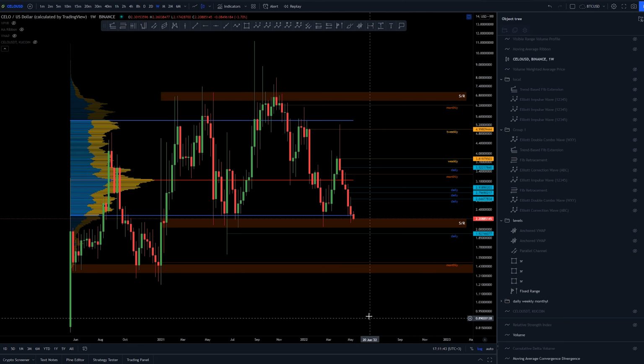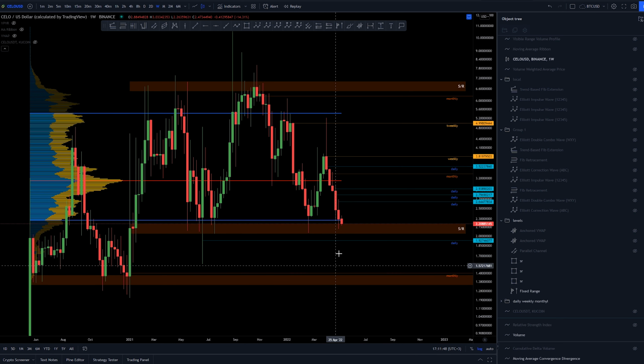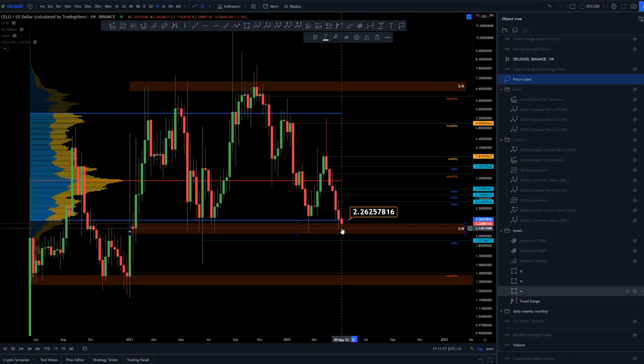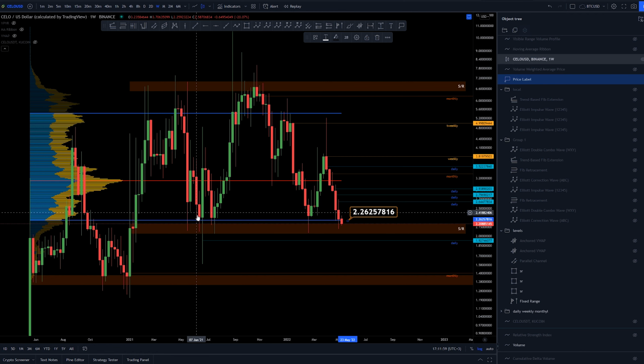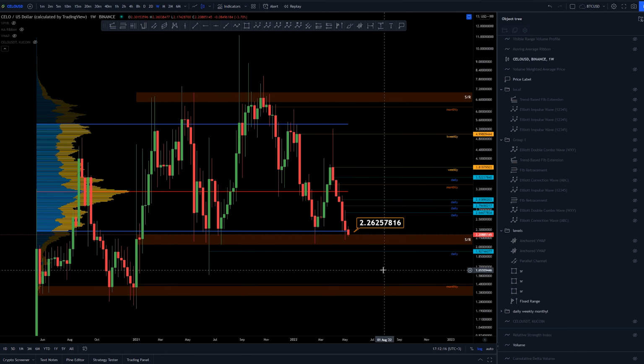On a really high time frame, we can see that we're basically right on the range value area low, around $2.26, and we are again hammering down this support area where we've had multiple times of resistance. We'll see if this actually holds now or whether it turns into a resistance after getting below it. That would be even more bearish than it currently looks.